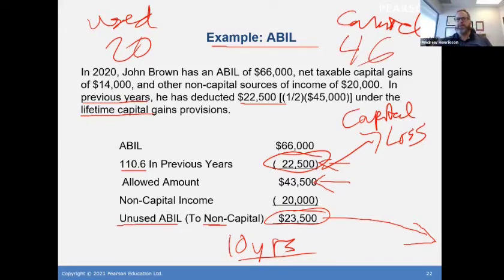And that's because we couldn't use the 22.5 because we had previously claimed lifetime capital gains. We couldn't use the 23.5 because we only had 20 of non-capital income.